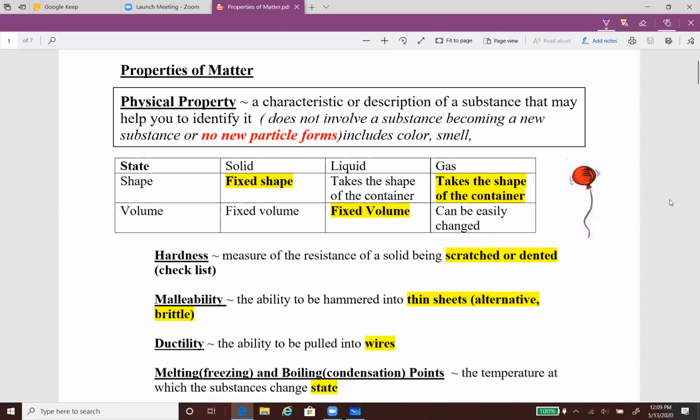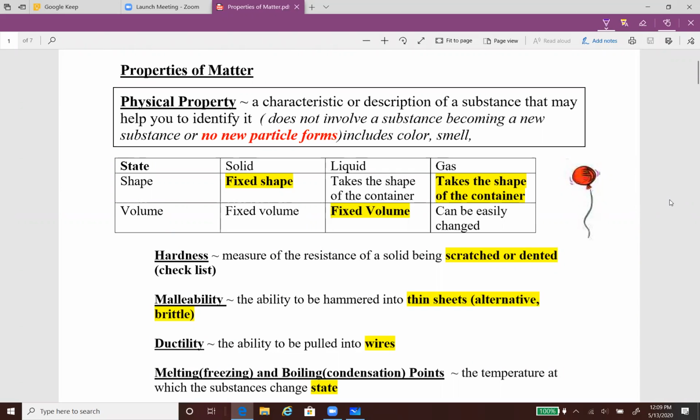So today we're going to do a quick overview of the properties of matter. We just talked about the classification of matter, now we're going to look at the properties of matter. This is just a way of describing matter, whether it's pure substances or mixtures.